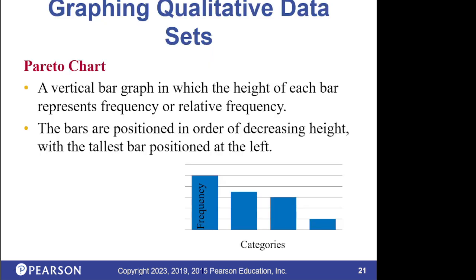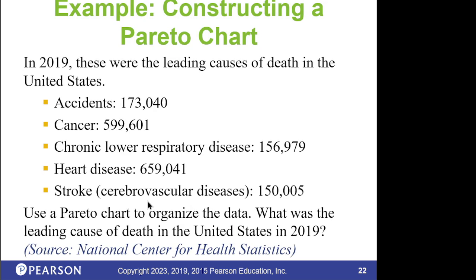A Pareto chart is also a way of doing qualitative data, and it's vertical bars. Now, there's something specific about Pareto charts. Because it's qualitative data, you sort everything in order from highest to lowest. And the height of the bar is determined by the frequency count of what you're looking at.